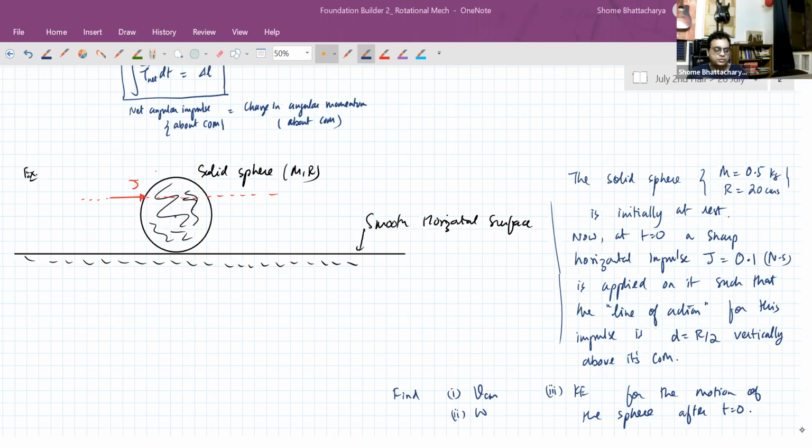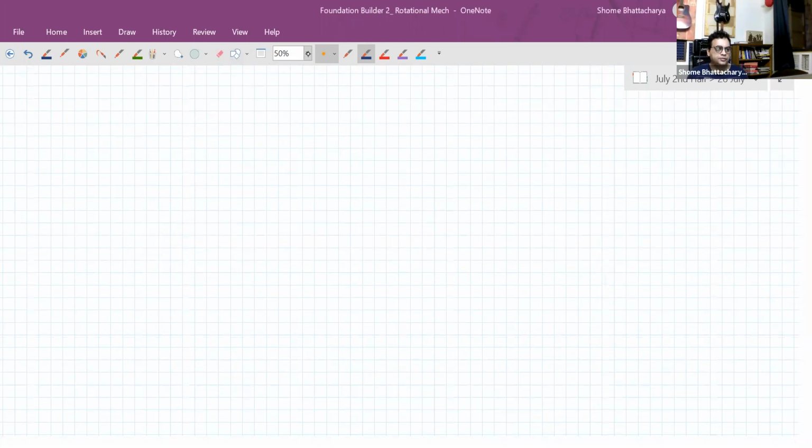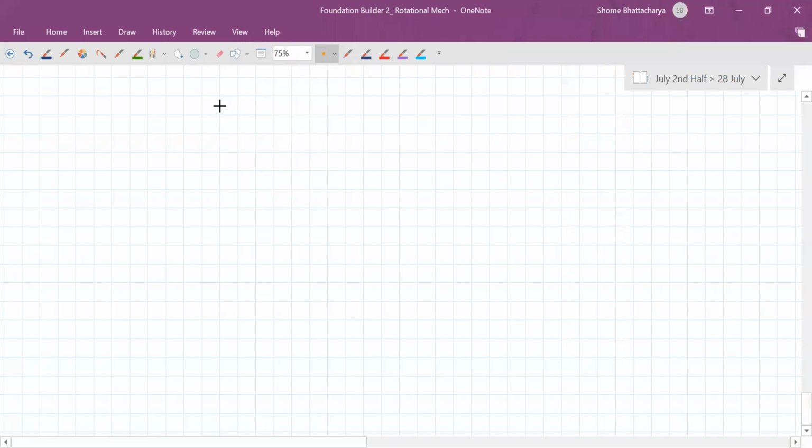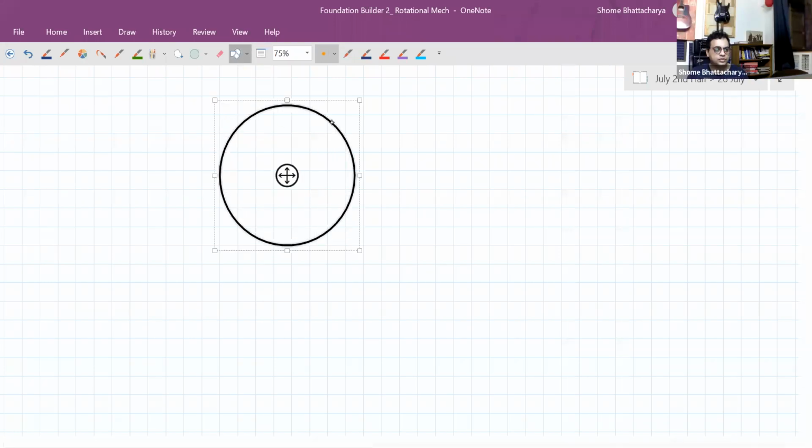Okay, so let's understand this question in detail. I'm explaining the question now. So before that impulse acted on it, the net force and the net torque was zero.